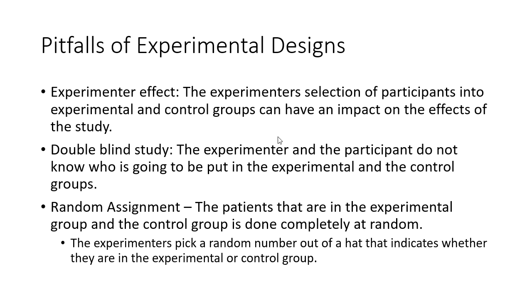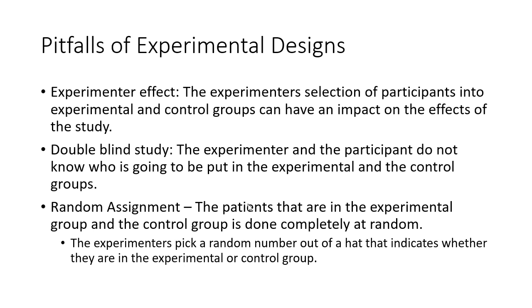So the experimenter is blind; they don't know which participants are in the experimental group and which are in the control group. And the participants also don't know if they're in the experimental or control group. So it doesn't influence the results of the study.